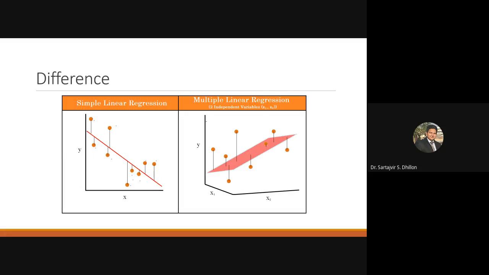In the other case, there is not only one line; there are multiple lines, so there are two independent variables. That is also represented in the form of a 3D plot. You can't see multiple linear regression in a 2D model, and this one is a 3D model, so you can easily visualize it in the 3D model.